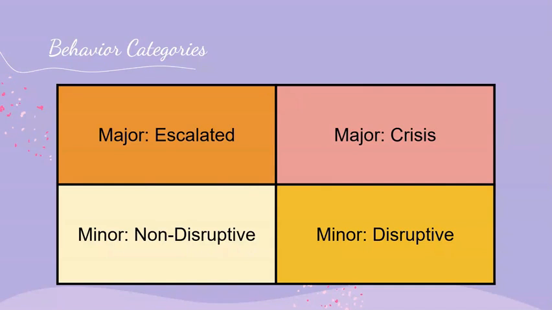So there's major escalated, major crisis, minor non-disruptive, and minor disruptive. So just think of this as kind of a graph in which the bottom left corner is the least of our worries, and the top right corner is where things get very serious as far as behavioral challenges.